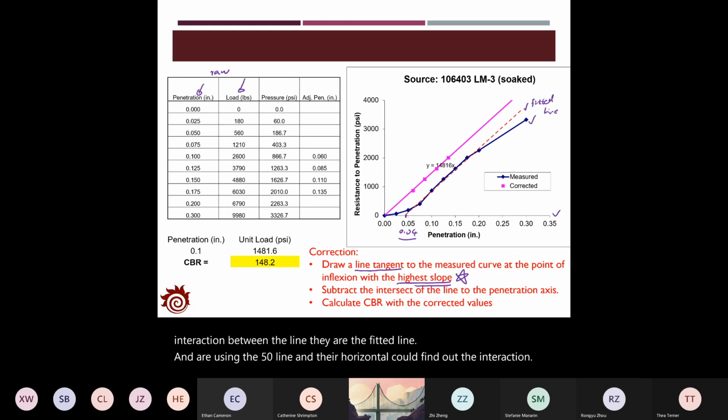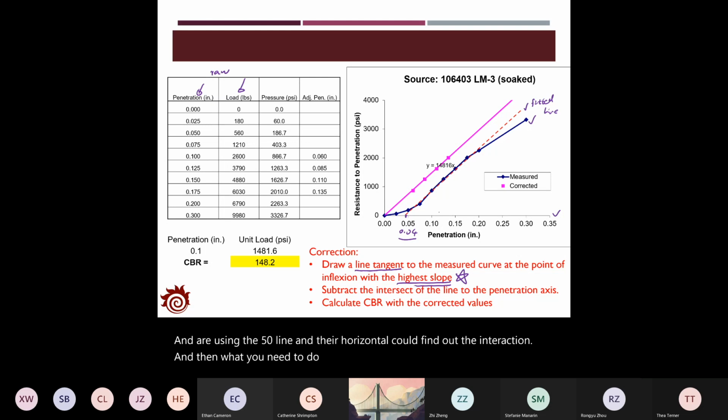And then what you need to do is subtract the original observation to the intersect of the fitted line and the horizontal axis.